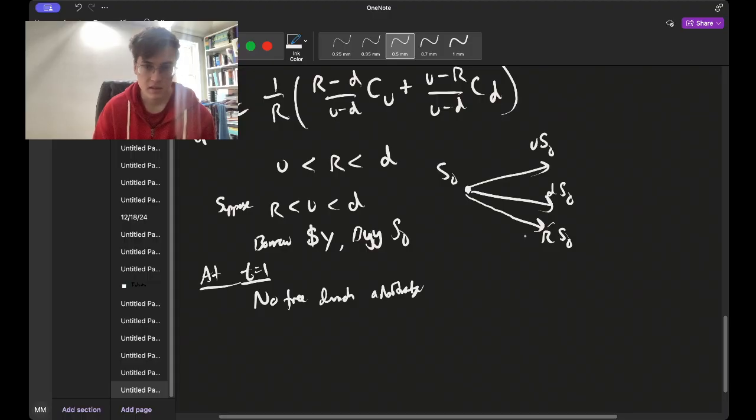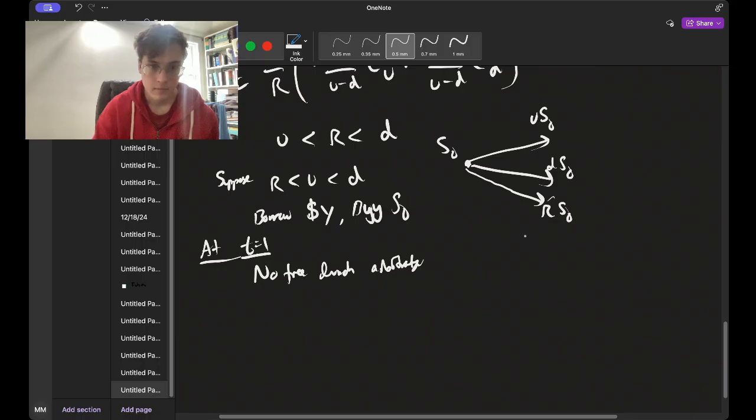So basically, he's trying to extend it to probabilistic space. But in this example, if R is less than U is less than D, then we can just borrow, buy the stock, and in both cases we'll make a profit.